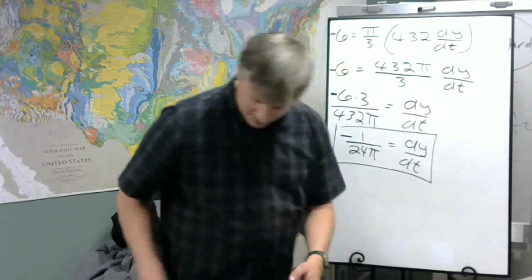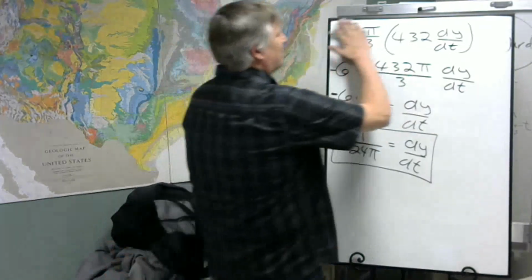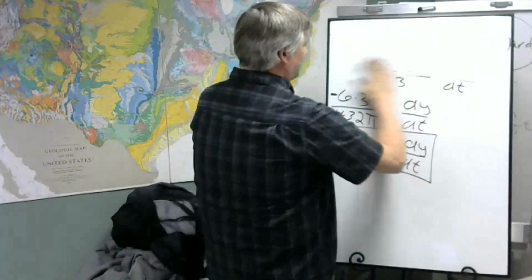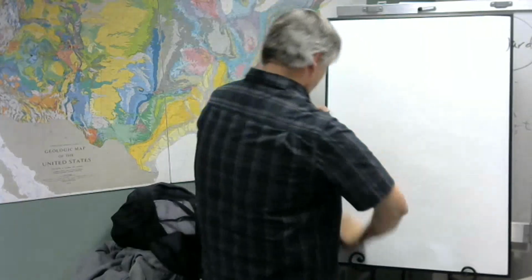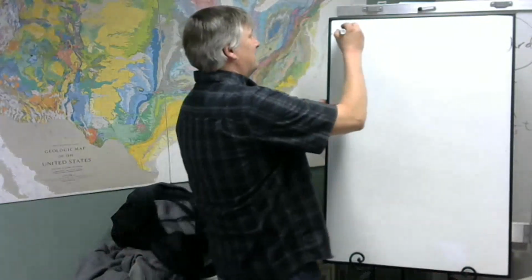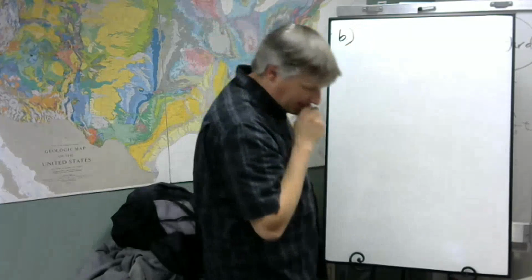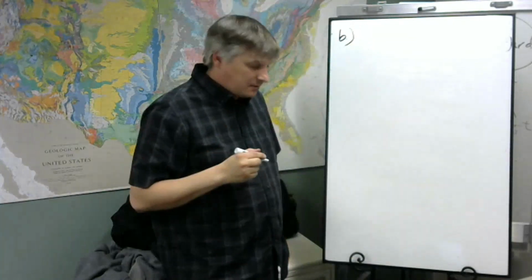So let's do a part B on this one. What is the radius of the water, r, little r, when the depth is y meters deep?